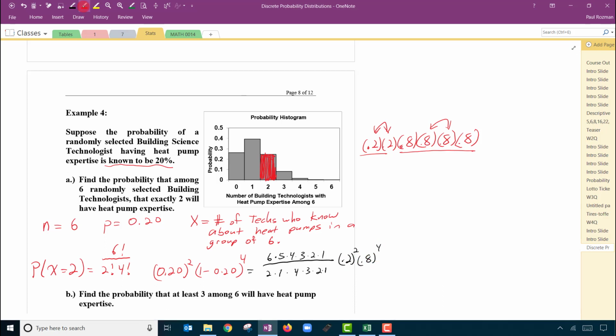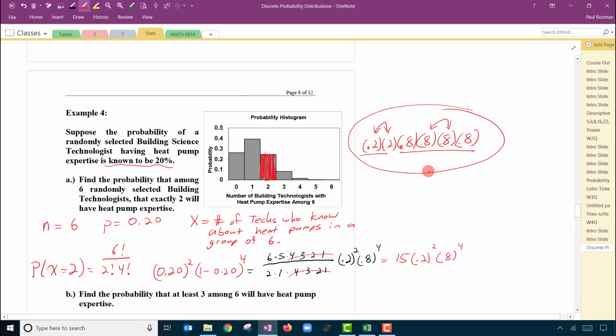The nice thing about these factorials is you get a bunch of cancellations. So you can see the numerator is 30 and the denominator is 2, so there are 15. So if you look at this list up here, there are 15 different ways of writing these 0.2s and 0.8s.